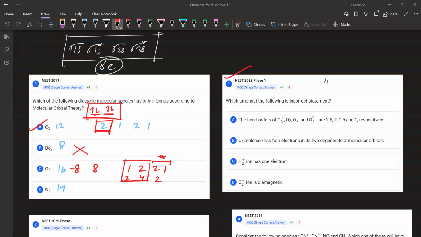Didn't get any notification. A है या D? तो इनकरेक्ट है ना, तो B. Incorrect statement. Bond order of O2 positive, O2 negative, and O2 is 2.5 too. C2 electrons and H2 positive has 1 electron. O2 positive is diamagnetic, O2 positive is paramagnetic. So this option is correct. Try this one.